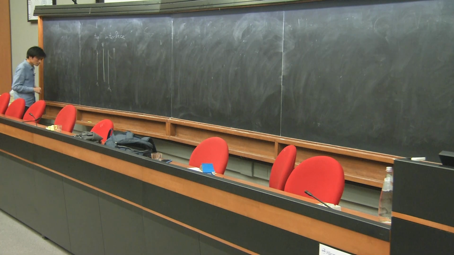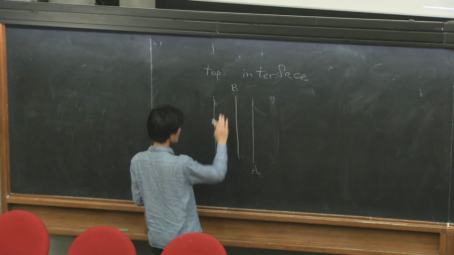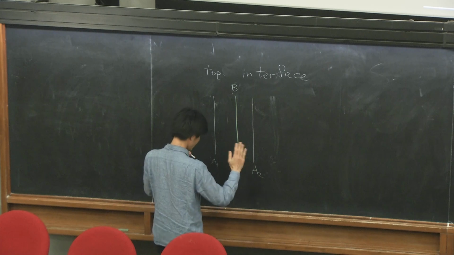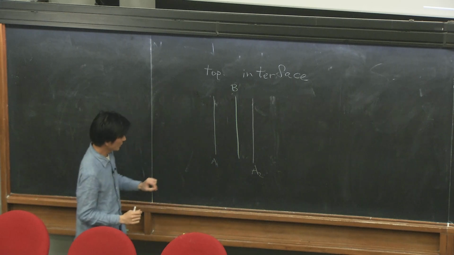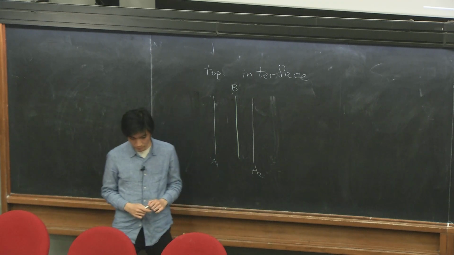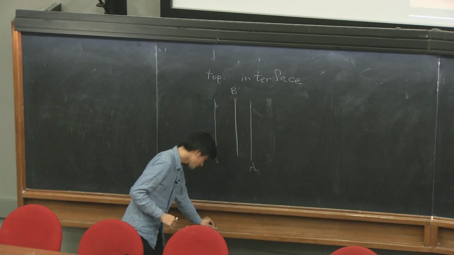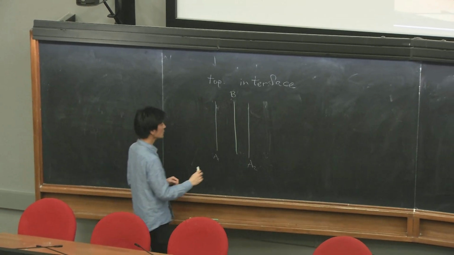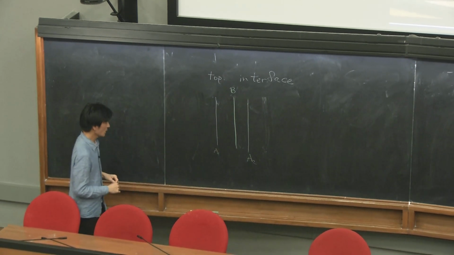Well, the idea is the same. Now we have two systems that are each described by different Frobenius algebras, and then we want to consider the interface.